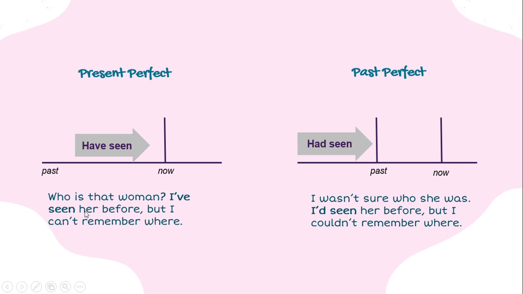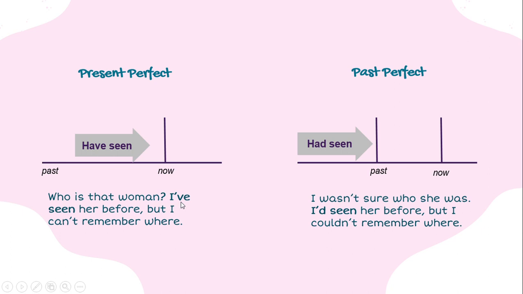Present perfect tense. Who is that woman? I have seen her before, but I can't remember where. So, who is that woman, that person? Jadi, pertanyaan tersebut diajukan now. I have seen her before.